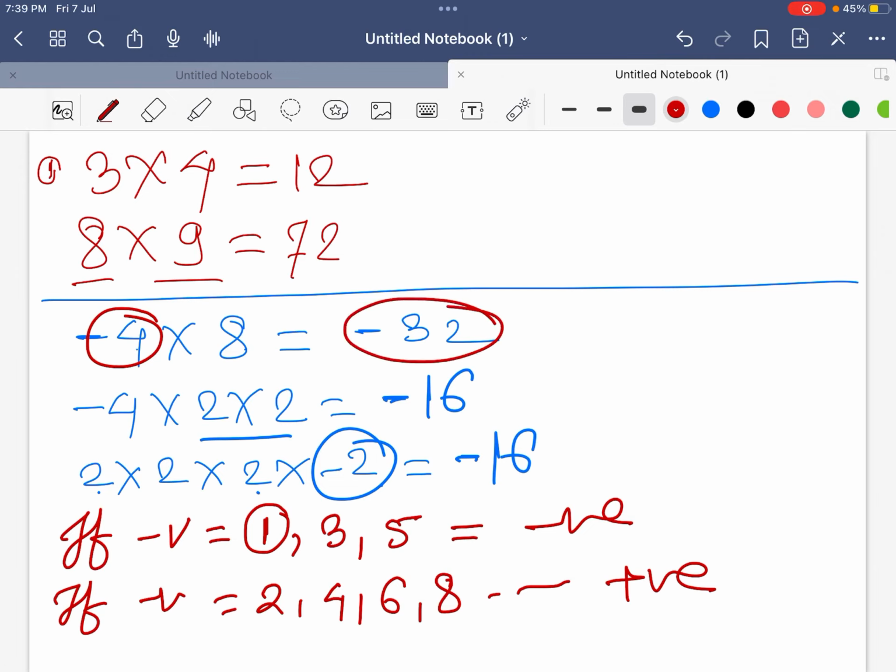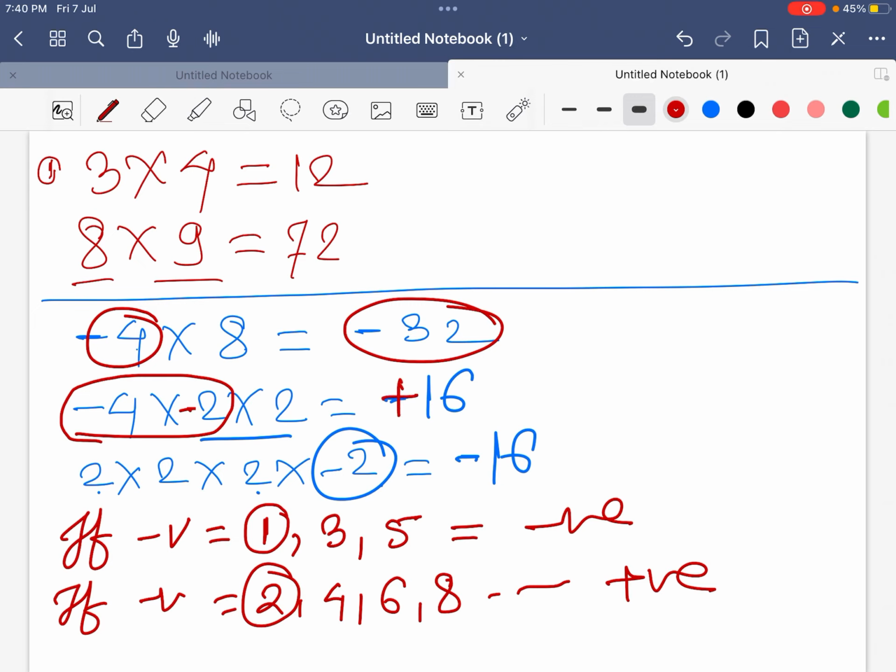Now look into that. Suppose you want to apply this second condition, suppose this is 2 into -4 into -2 into 2. So look here, the number of negative signs, there are two negative signs, so negative into negative, that we know the answer is positive, so your answer is +16 for this case.